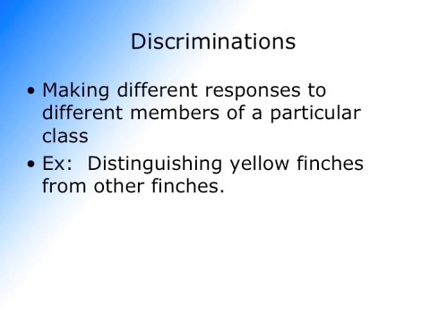Some examples of discriminations: making different responses to different members of a particular class. In other words, distinguishing yellow finches from other finches would be an example. And if you think about it, that's pretty lower order thinking, or cognitive processing, if you will.